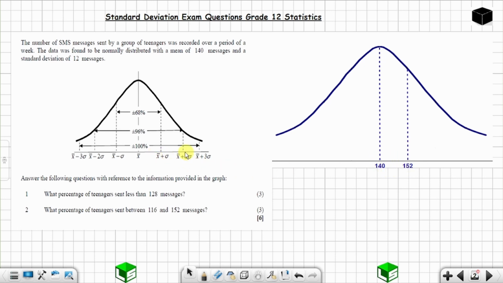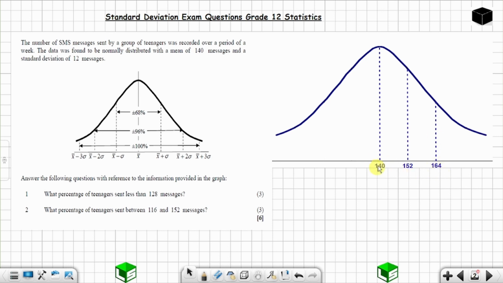You carry on. Now you have the mean plus 2 standard deviations. 152 plus 12, or 140 plus 2 times 12. 2 times 12 is 24. So 140 plus 24, you're going to have 164.